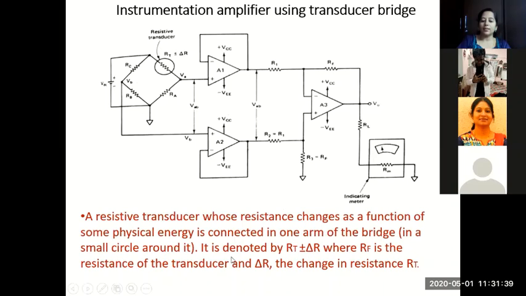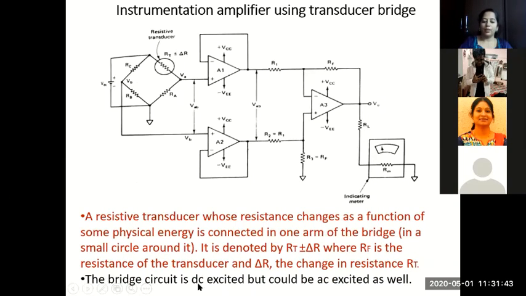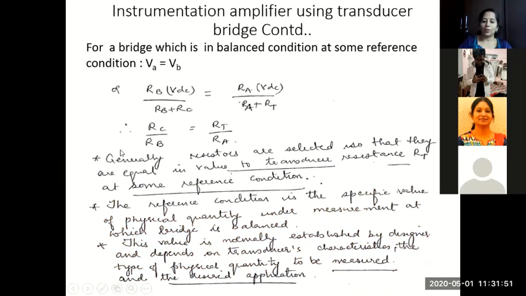Now, as I told you, what is RT? The bridge is DC excited, but you can give an AC signal also here. If required, I can connect an AC excitation also. Now, initially in the analysis, we consider the bridge should be balanced initially, and it should be balanced at some reference condition. And what is that reference condition?